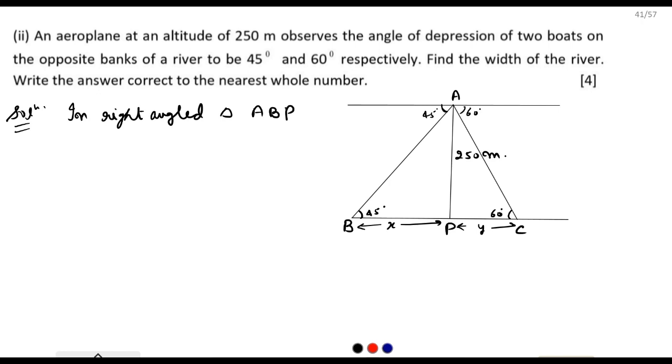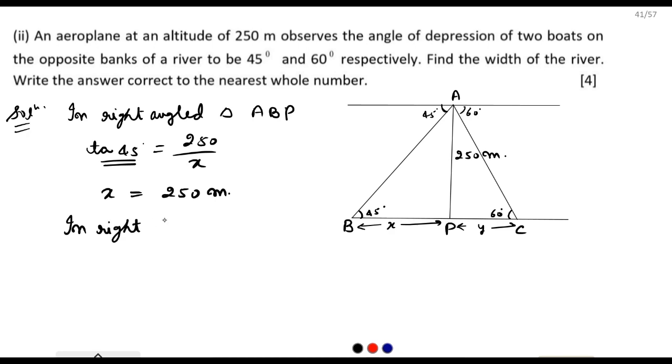In right angle triangle ABP, tan 45 will be equal to perpendicular upon base, 250 upon x. Then x is equal to, tan 45 is 1, 250 meter. In right angle triangle APC, tan 60 is equal to perpendicular upon base, 250 divided by y.